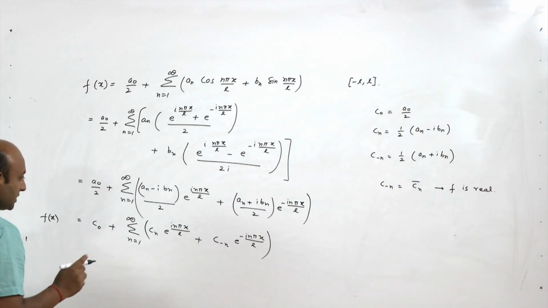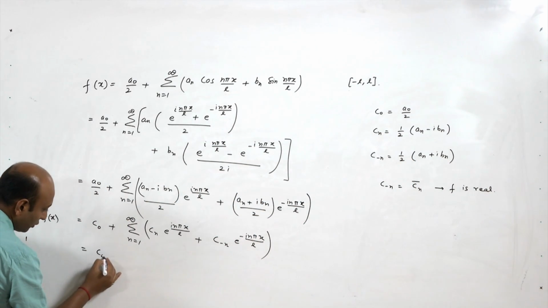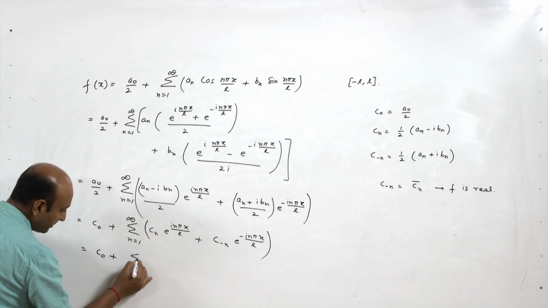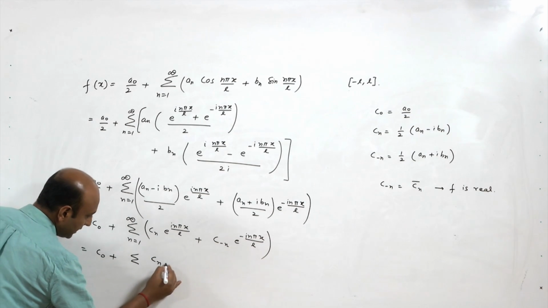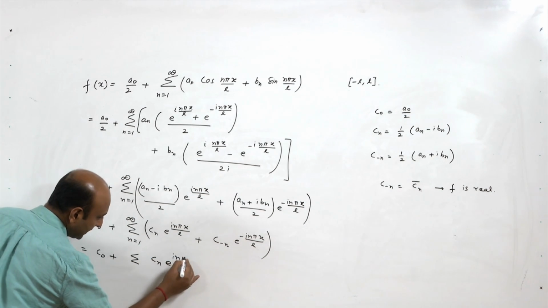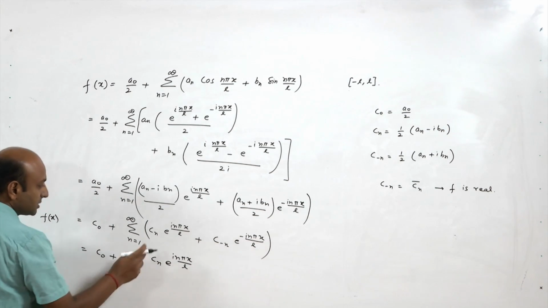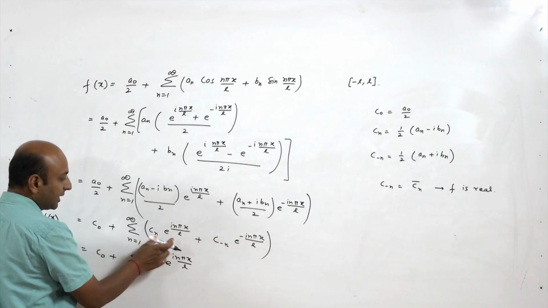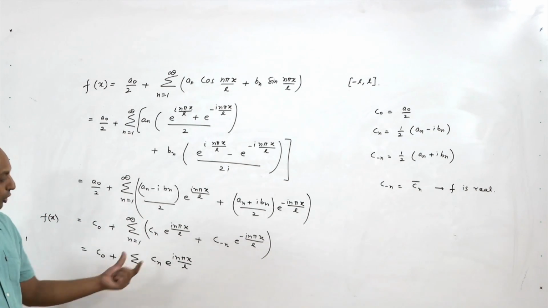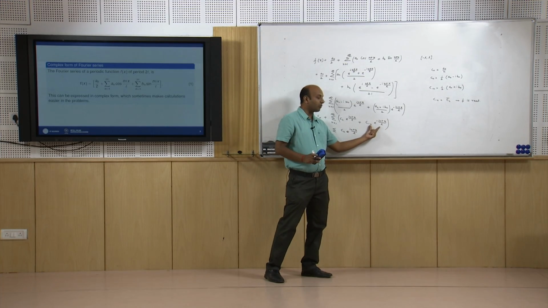Now, this can be further written as C_0 plus summation C_n e^(i n pi x / L), and because all the positive values of n are covered here and all the negative values are covered here, instead of n we have minus n.